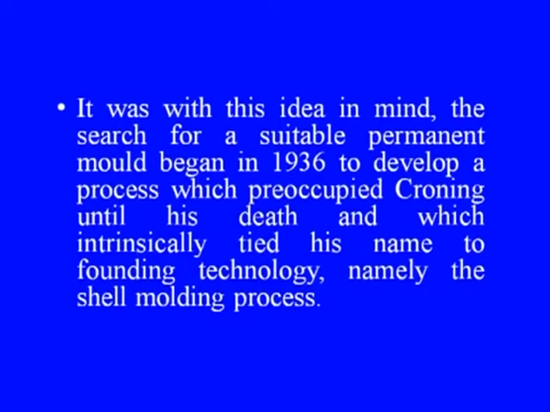It was with this idea in mind the search for a suitable permanent mold began in the year 1936 to develop a process which preoccupied Kroning until his death and which intrinsically tied his name to founding technology, namely the cell molding process.